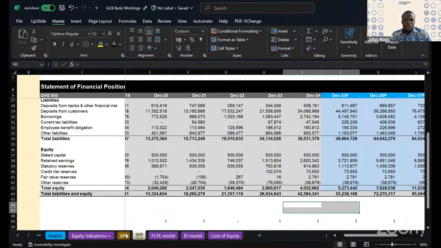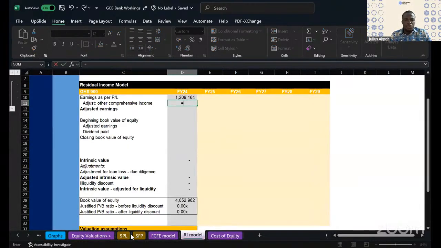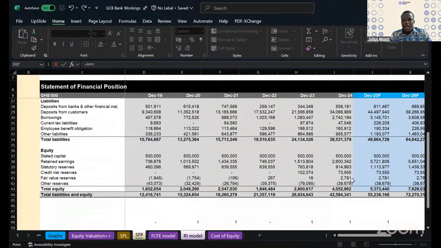So I go to residual income, and then I go to statement of financial position. I take the total equity minus total equity in the previous year, which gives me the total movement in equity. And I'm saying that the total movement in equity should be fully explained by the profit for the year because no dividend was paid.